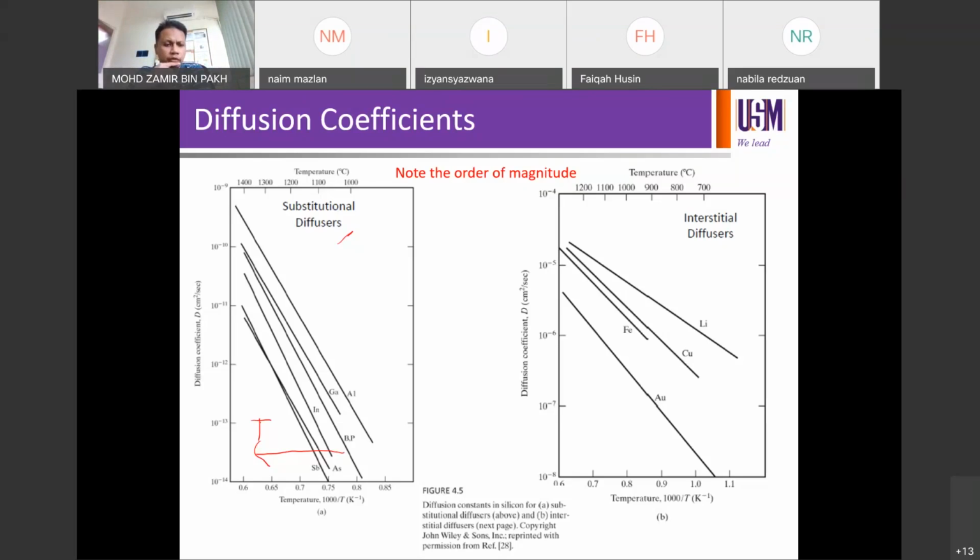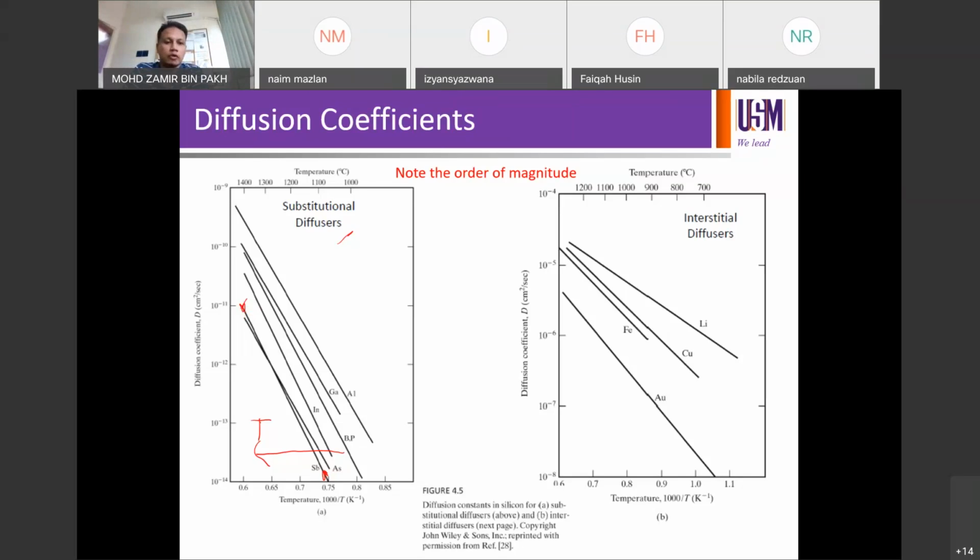For example, if you look at antimony, the bottom one, at the highest value the diffusivity of antimony in silicon is somewhere about 10 to the minus 11 cm squared per second, as the diffusivity of antimony in the silicon lattice at that temperature.